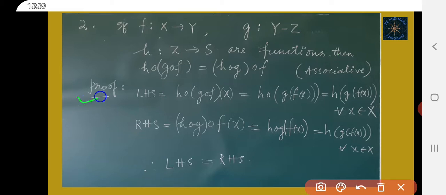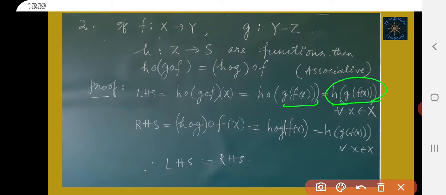Here we are going to prove whether it is associative or not. LHS: h of g of f, this of x, then you can write g of f of x, then you can write h of g of f of x.